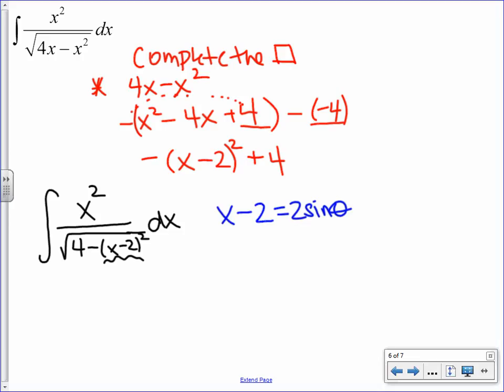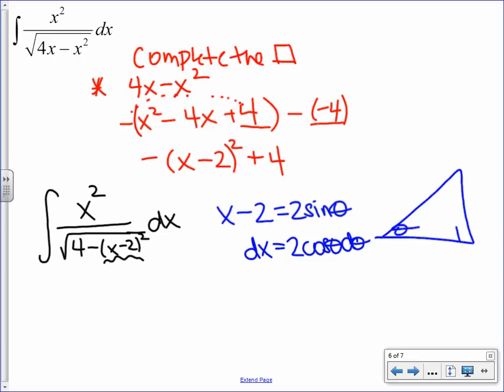Differentiating, dx is 2 cosine theta d theta. Oh, that's not usually how I draw them. I apologize. It doesn't matter, but I like to be consistent.